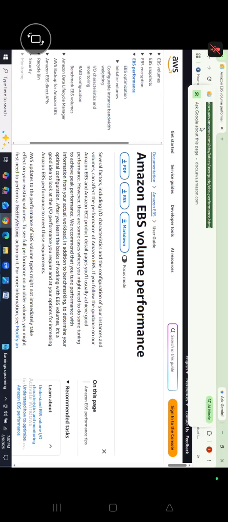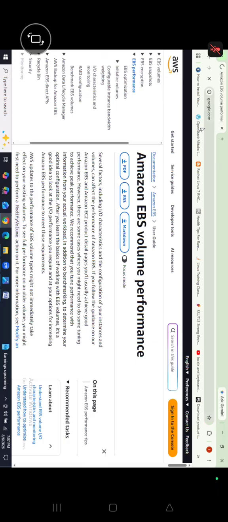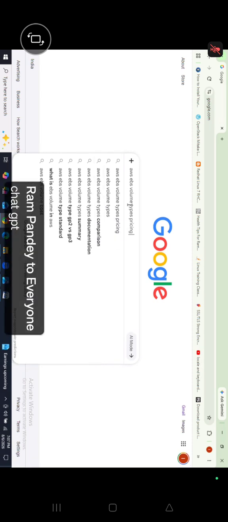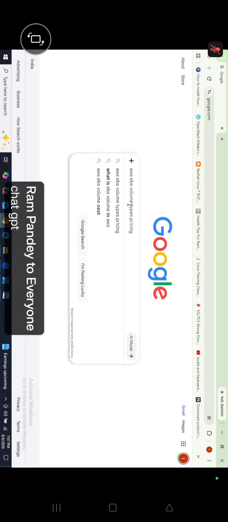Directly I'll type here EBS volume types, okay? Then directly we are going to get that particular URL. You can use ChatGPT, but this is official content, Ram Pandey.